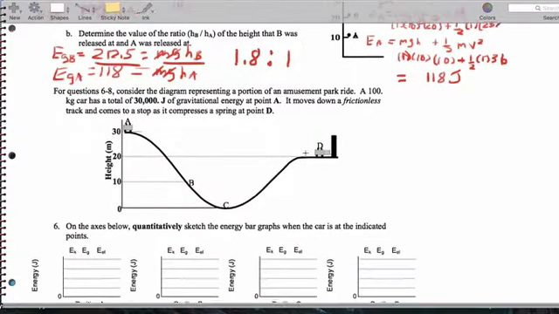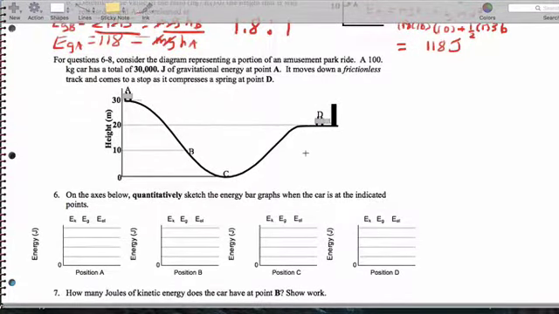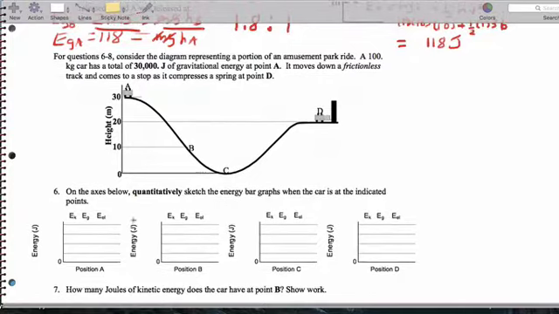Now for number 6. I actually managed to correct some of the physics on this, so we're going to do 6, 7, and 8 on this. So let's sketch our energy bar graph. We begin with all gravitational energy at position A. At B, we've got some gravity and some kinetic.